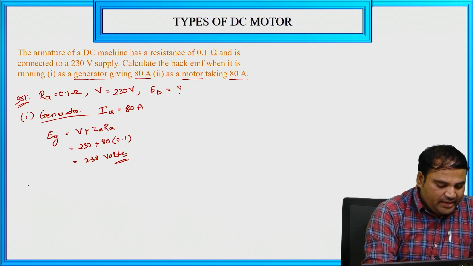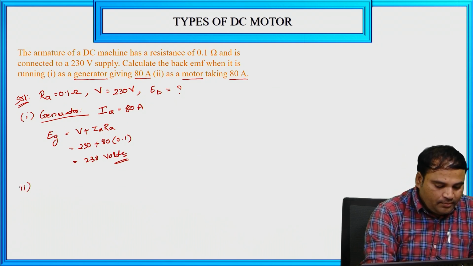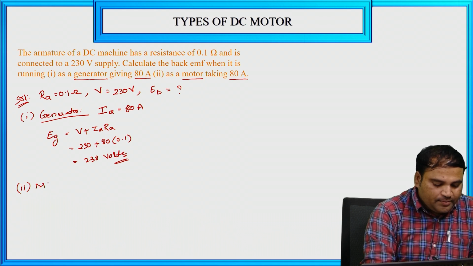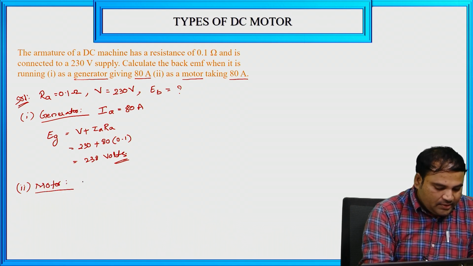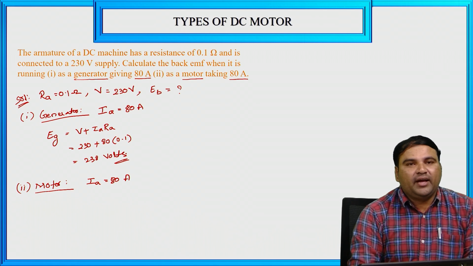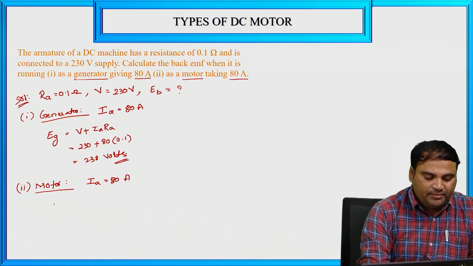Now the second bit is, if it is a motor, the current, armature current IA equal to 80 amperes. Now we have to calculate the back EMF.